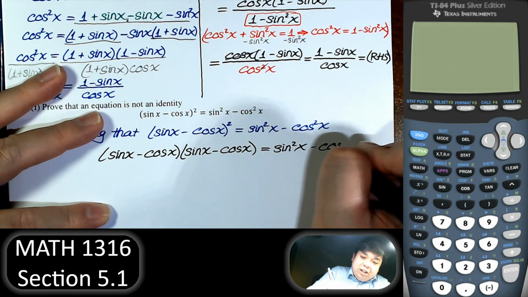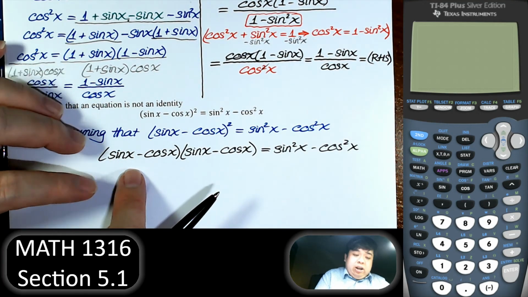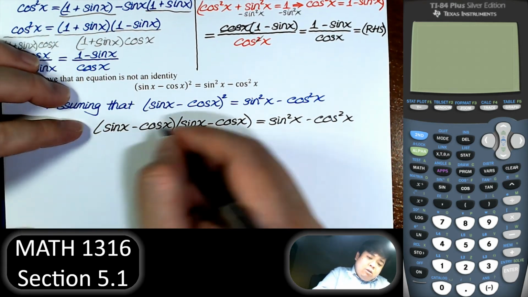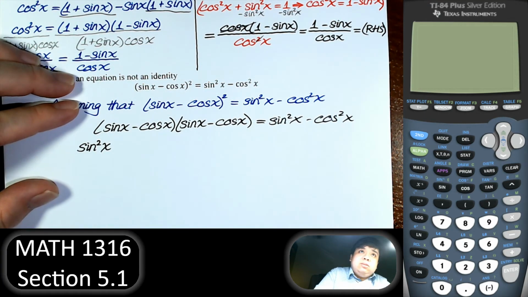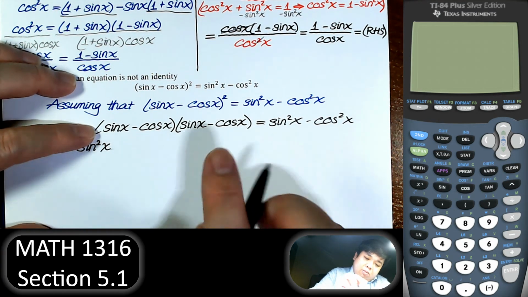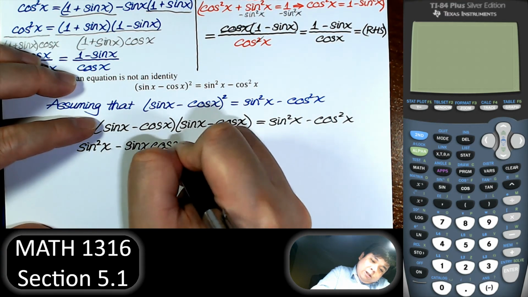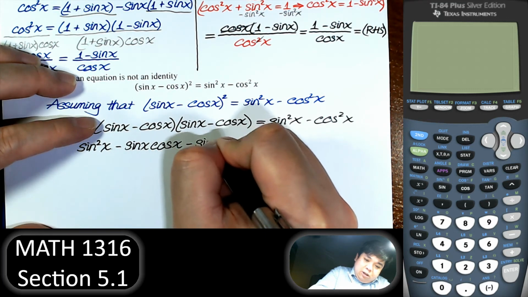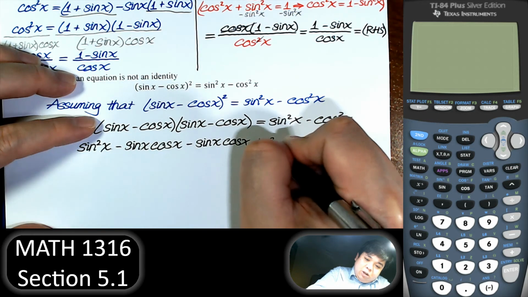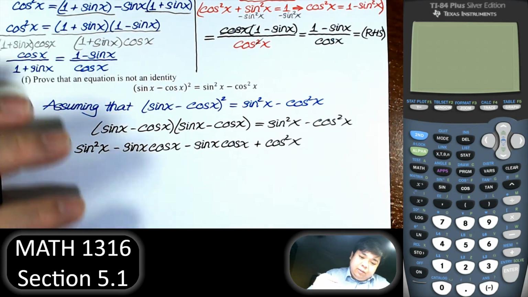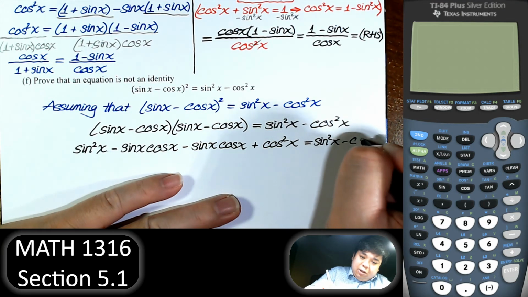Don't do anything with that. Not until we have what we have on the right, the left hand side. So multiply our sine times sine, sine square, sine minus sine cosine, and minus sine cosine, minus cosine, that plus cosine square. On the right hand side we have sine square minus cosine square.